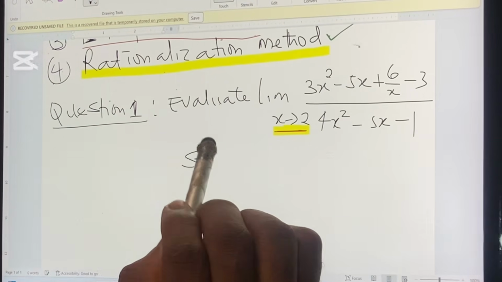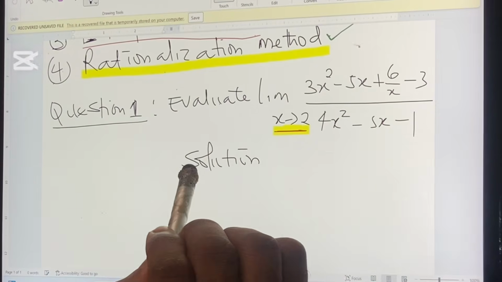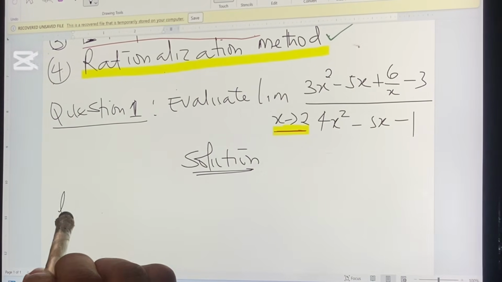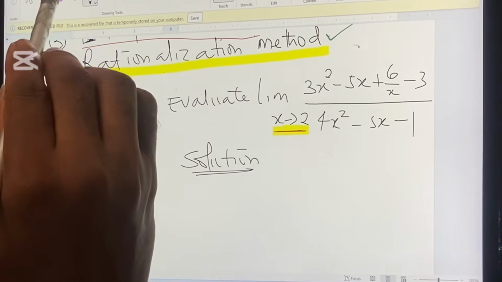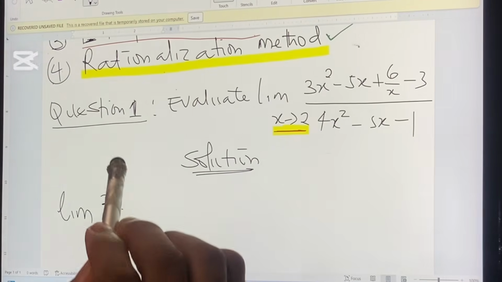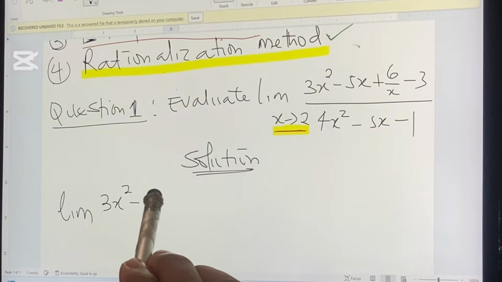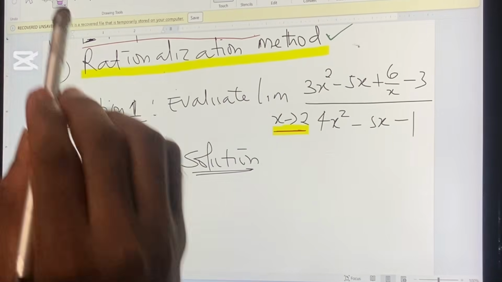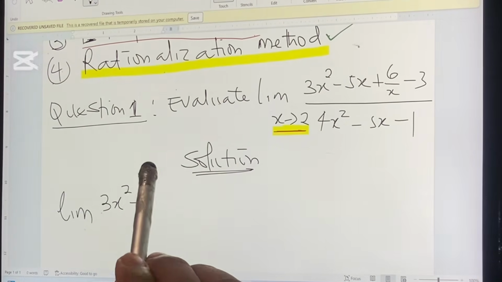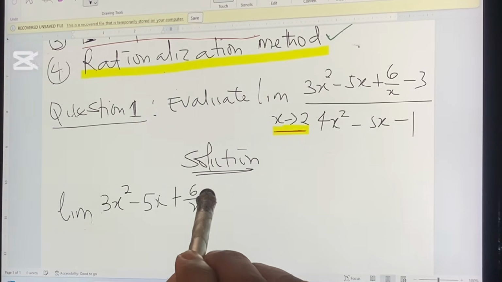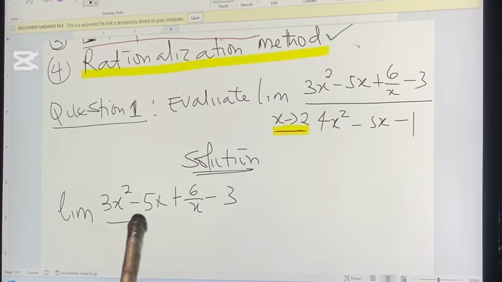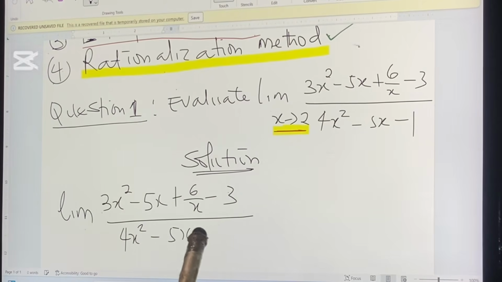Solution. So I have the limit of (3s squared minus 5s plus 6) over (s minus 3) over (4s squared minus 5s minus 1) as s tends to 2.